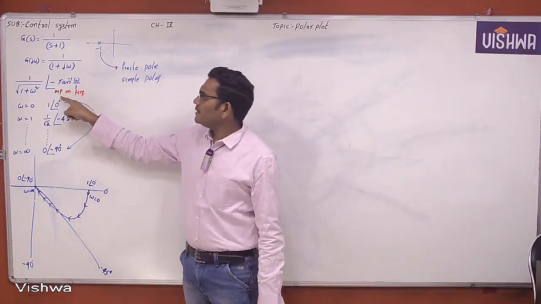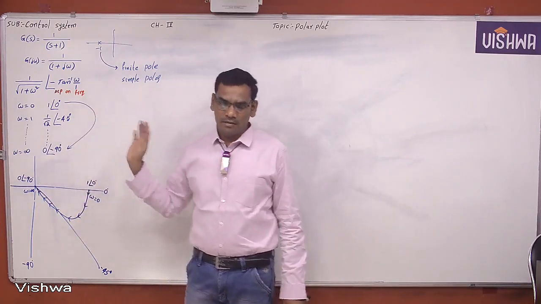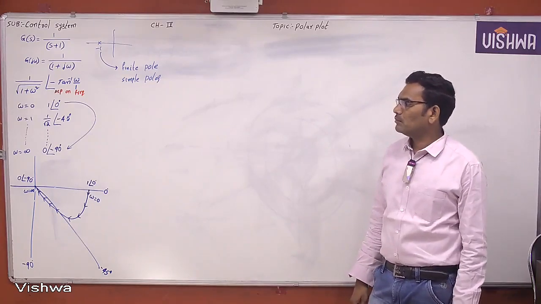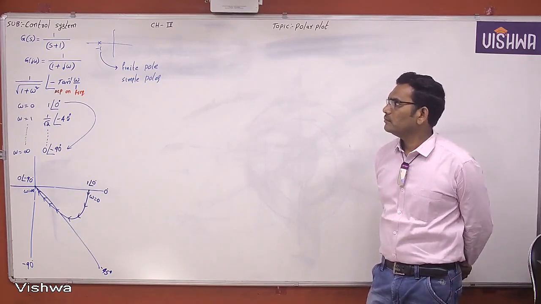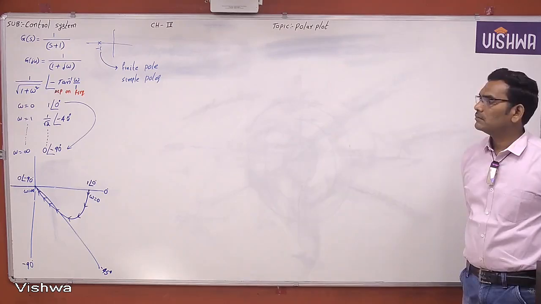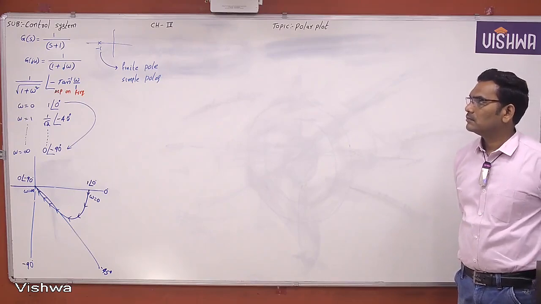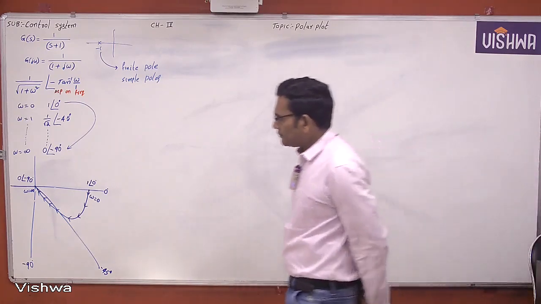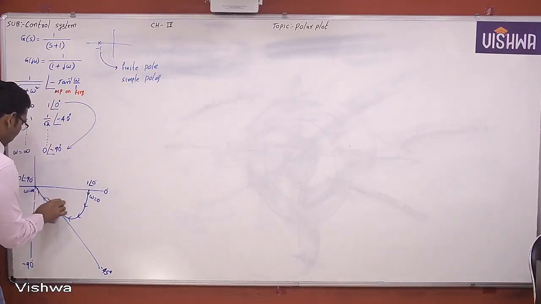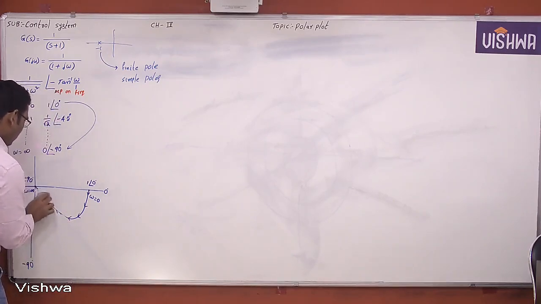If your phase angle is dependent on frequency, definitely the polar plot is not a straight line. It is a long path. Okay. Note this.